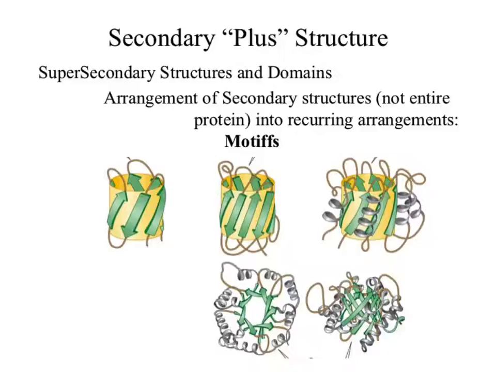When you look at your sheet, right, it's this nice flat thing. Is that nice and flat? What's it doing? It's coiling back on itself. It's making a barrel. It typically gets referred to as the beta barrel. Because it's made up of a beta sheet that is coiled back on itself, and we have a beta barrel. Okay. Is that secondary structure?